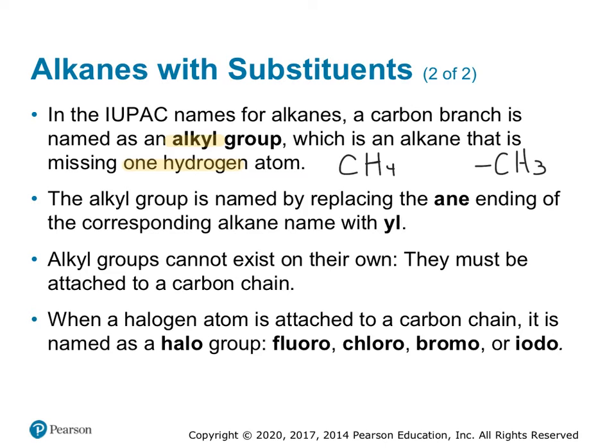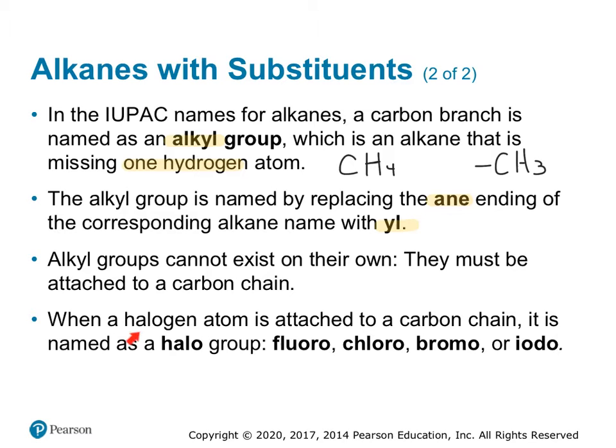So we change the A and E ending to YL. So this one is methane and this one is methyl. So the number of carbons is the root word, just like we learned yesterday. They are always attached to a carbon chain.